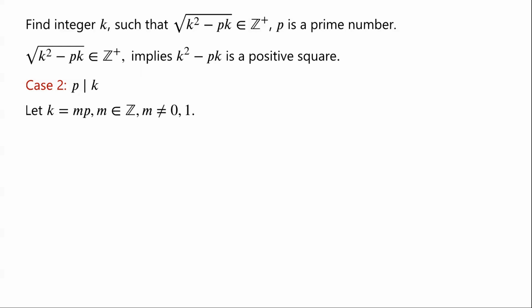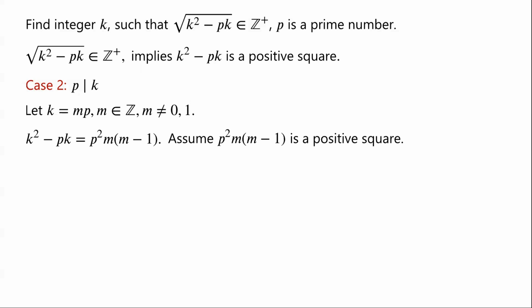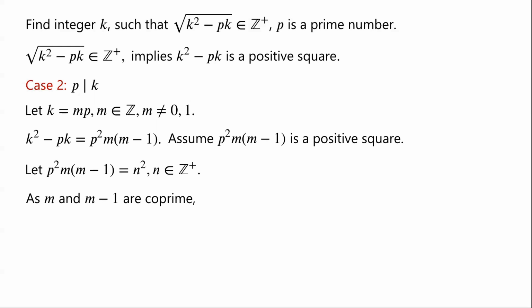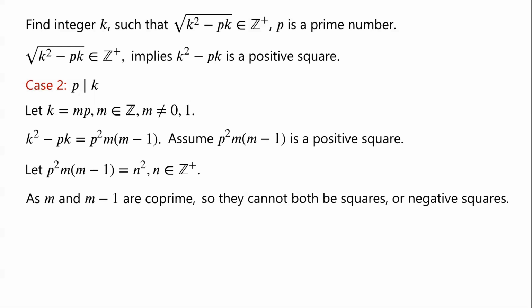When k equals mp, k squared minus pk equals p squared times m times (m minus 1). Assume p squared times m times (m minus 1) is a positive square. We let p squared times m times (m minus 1) equal n squared, where n is a positive integer. As m and m minus 1 are co-prime, that is, the greatest common divisor of m and m minus 1 is 1, so m and m minus 1 must both be squares, or negative squares.